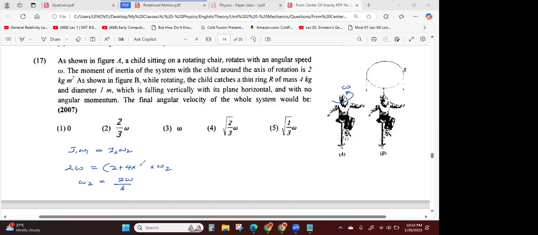So it will be 1 over 2 squared, it will be 1 over 4. So 2 over 3. Yeah. Second one, correct. Good.